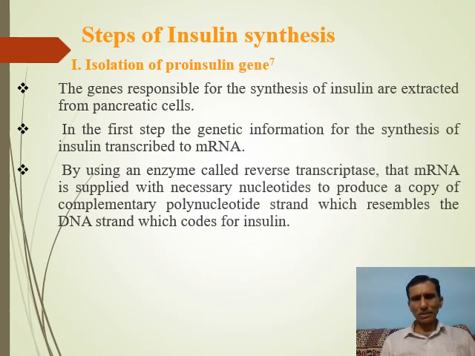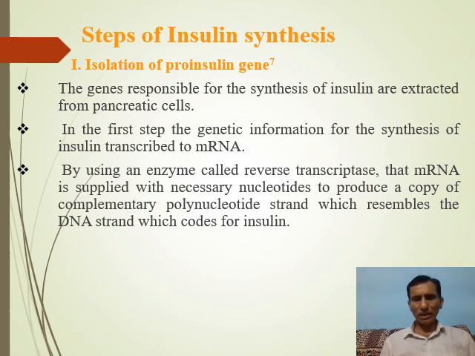Steps of insulin synthesis. First step is isolation of the proinsulin gene. Genes responsible for the synthesis of insulin are extracted from pancreatic cells. The genetic information for the synthesis of insulin is transcribed to mRNA, meaning DNA is converted into messenger RNA.